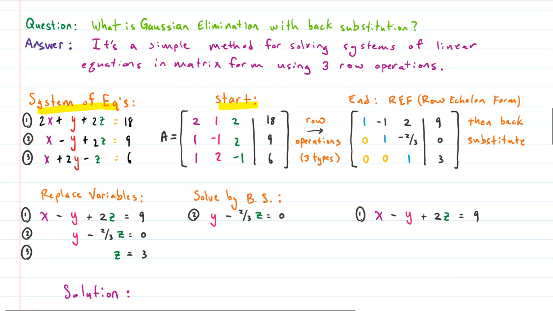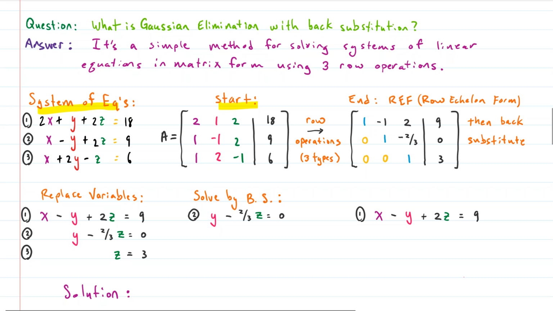And then we also put in the right-hand side of the equations too. You don't technically have to have this vertical bar. Sometimes you see it, sometimes you don't. I put it in because I think it helps you visually, but it's not a requirement. Technically speaking, you don't see the vertical bar in a matrix because matrices just have numbers.